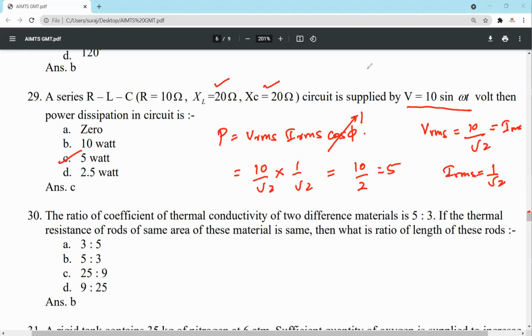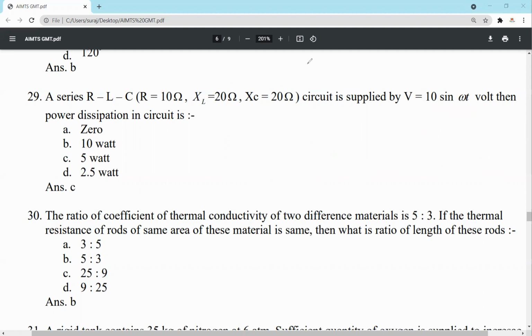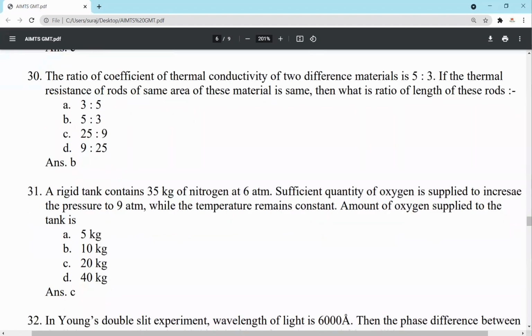Now, question number 30. What is given? The ratio of coefficient of thermal conductivity of two different materials is 5:3. If the thermal resistance of rods of the same area of these materials is the same, then what is the ratio of the lengths of the rods? K1 by K2 is given 5/3. Thermal resistance is the same.